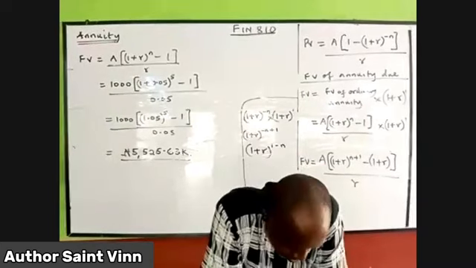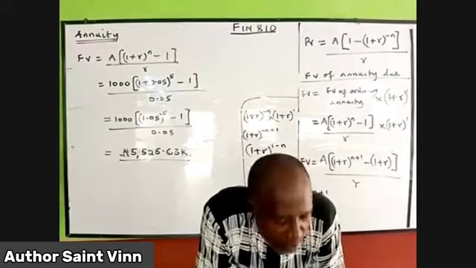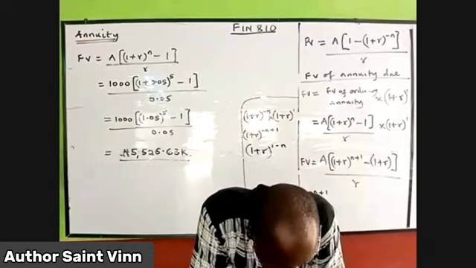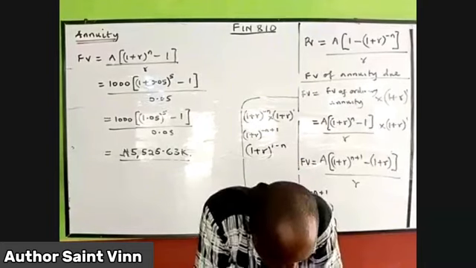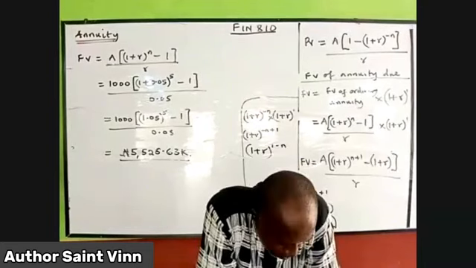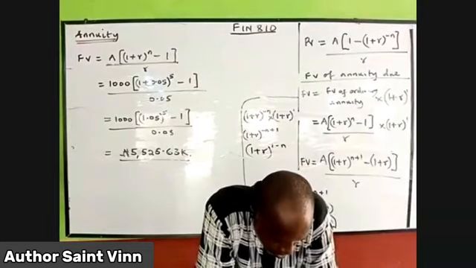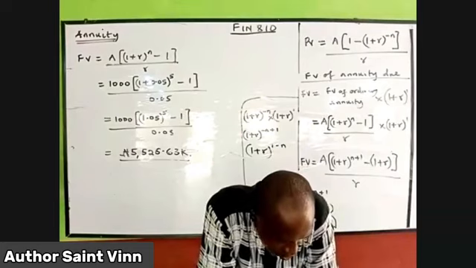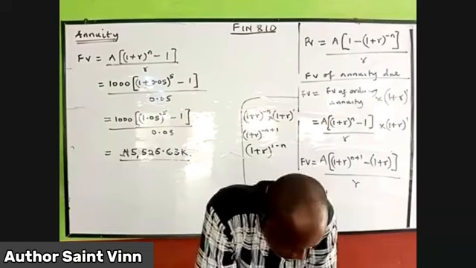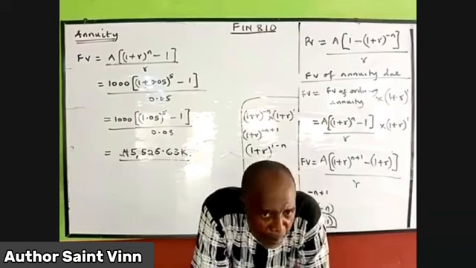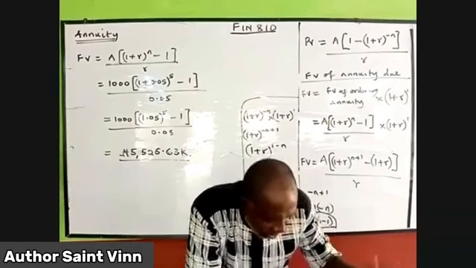Consider a 5-payment annuity. I know it's still going to be 5 years.